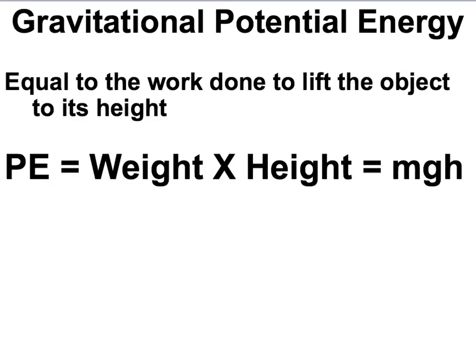Another thing I want you to be able to do is to calculate the gravitational potential energy of an object. Now the gravitational potential energy of an object is equal to the work done to lift the object to its height. So the height is really important, and the work done is important too. Now remember, we said that work is equal to the force times the distance.